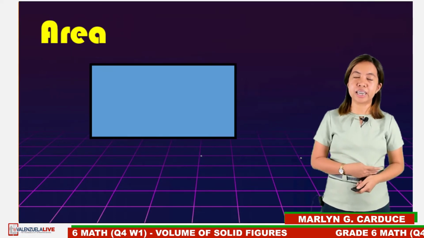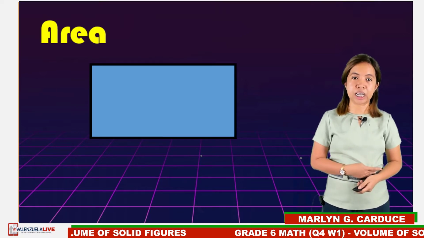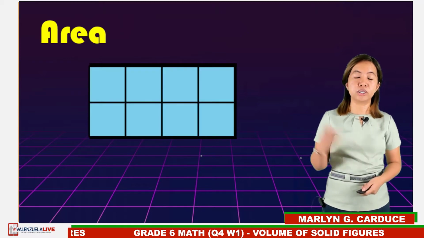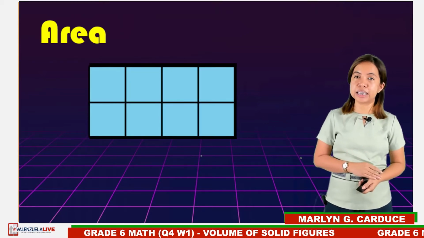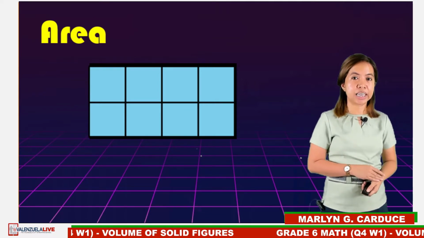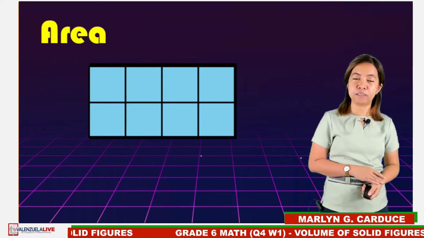Let's go back again to the area. When we solve for the area of a particular figure, we count the number of square units taken, like in this figure. Remember that the square units are obtained by multiplying the two dimensions of a plane figure.